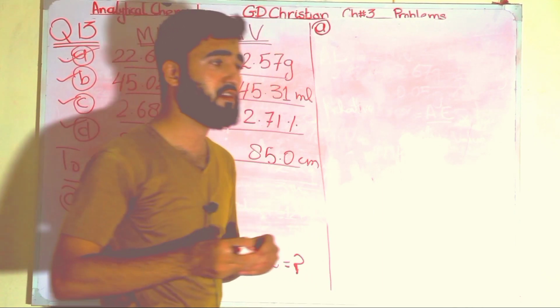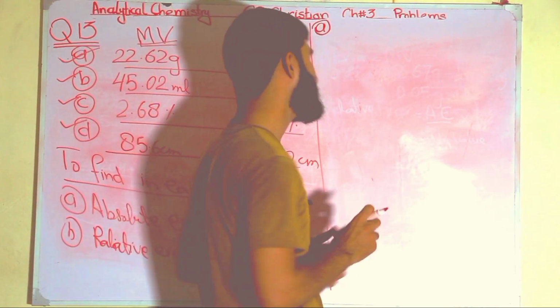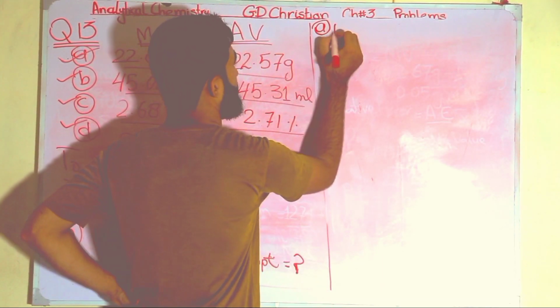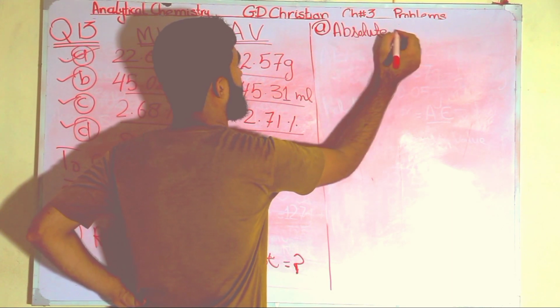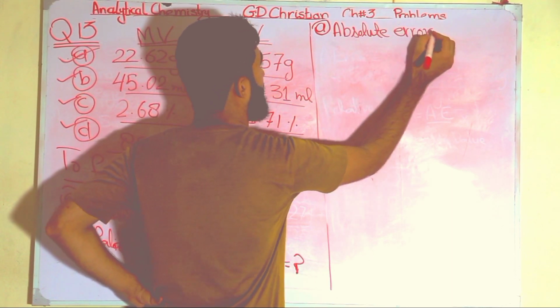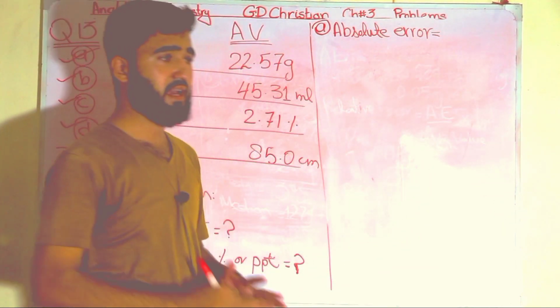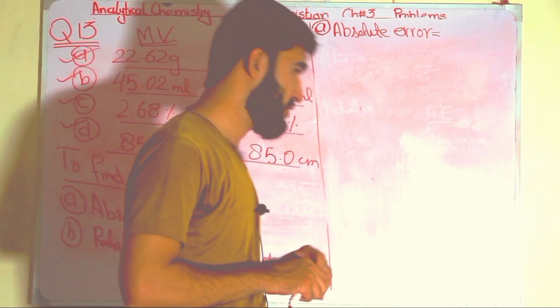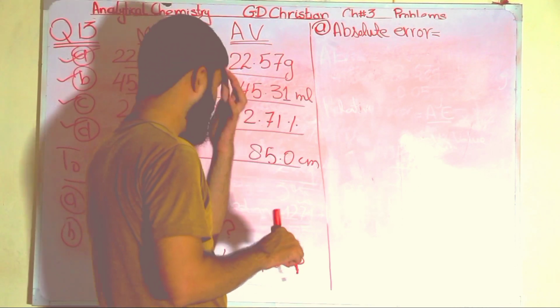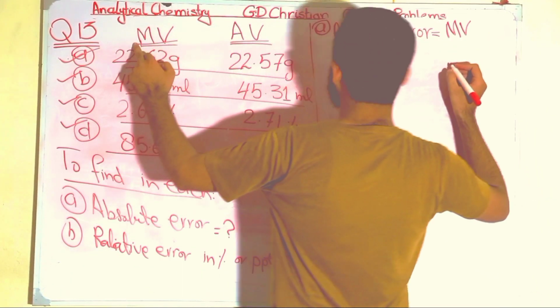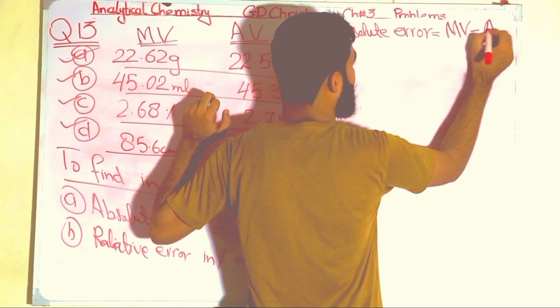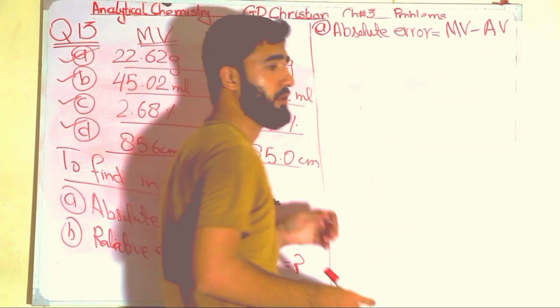In part A, first of all, we have to find out absolute error. As we know that absolute error is equal to measured value minus accepted value.